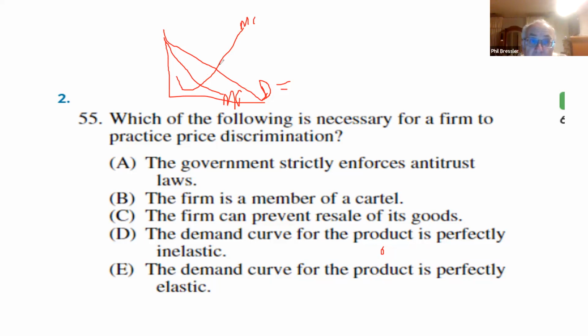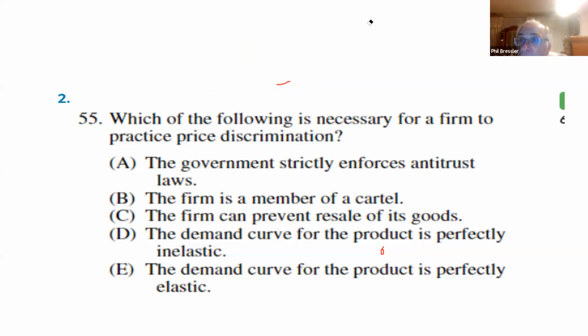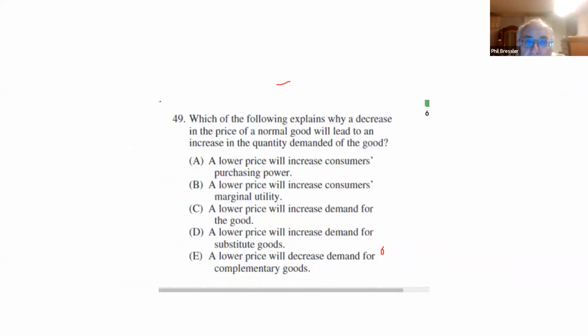I go to where MC equals MR, and that's my profit maximizer for price discrimination. Okay. Any questions on price discrimination? Expect a question on it, no more than one, but one.